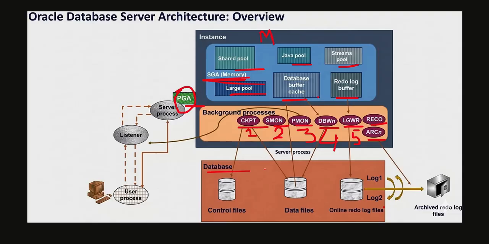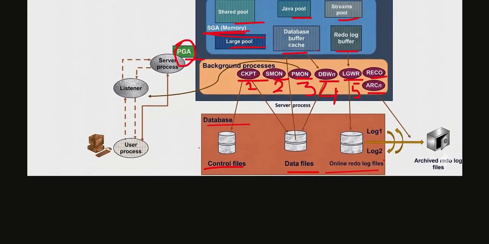There are three categories of database files: data files, control files, and online redo log files. There are also two other files present in this database system: the parameter file and the password file. These files are present in the database storage system.